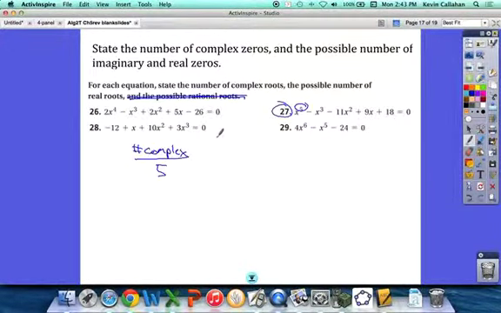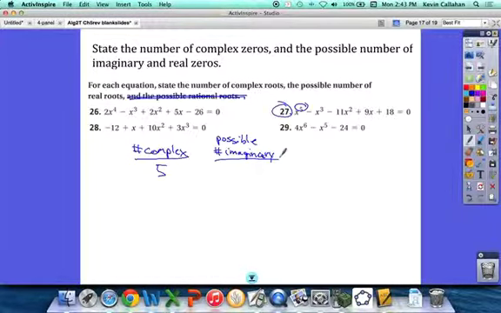Okay. The possible number of imaginary, there's like one fact that we use for this. What do we know about imaginary zeros or roots? They're always an even number of them because, again, where do they come from? Quadratic formula, right?